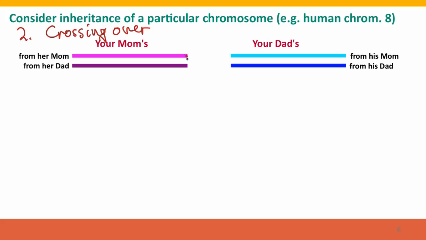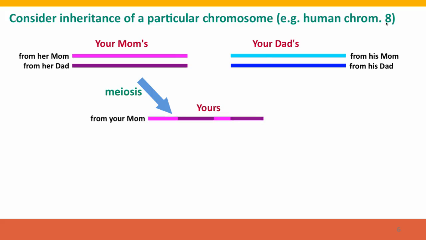So now we're going to consider just a single chromosome. It could be, say, chromosome 8, the two copies in your mother and the two copies in your father. When meiosis produces the gametes from your parents, each gamete contains only one copy of chromosome 8, but it's not either copy.